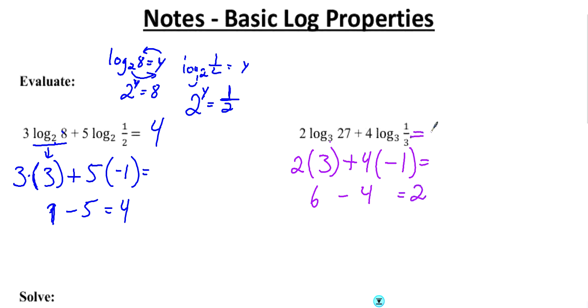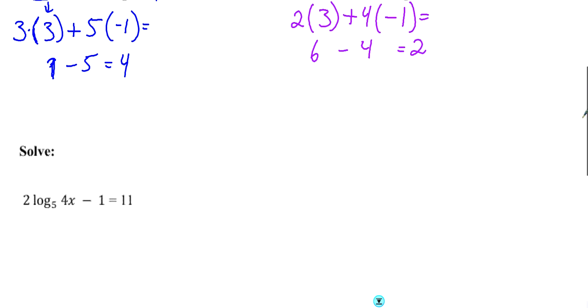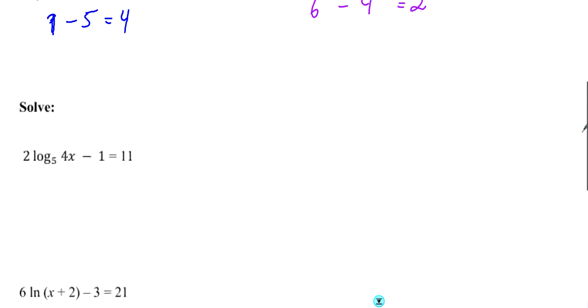So this is 2. We're going to start using these log properties and how to evaluate them and how to use some of the identities so that we can solve equations a little bit easier. Let's look at this one. It says to solve for x, so we've got to get x by itself. When we solve for x, we're trying to isolate the x.